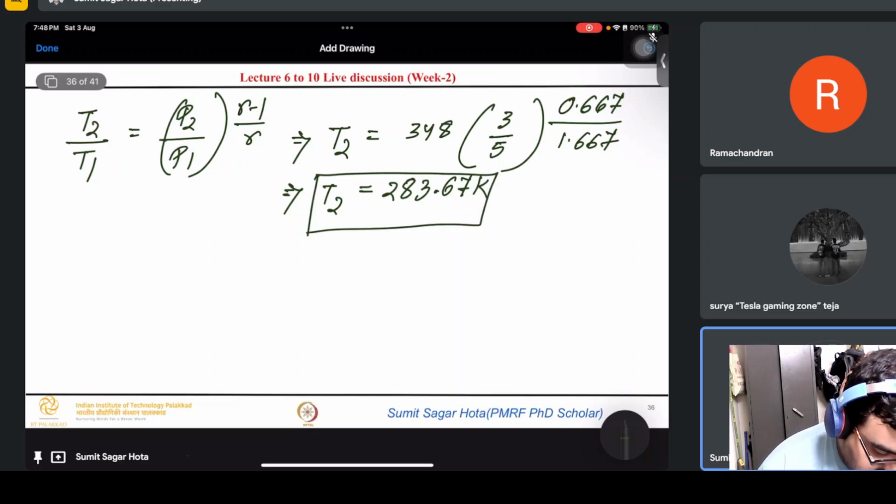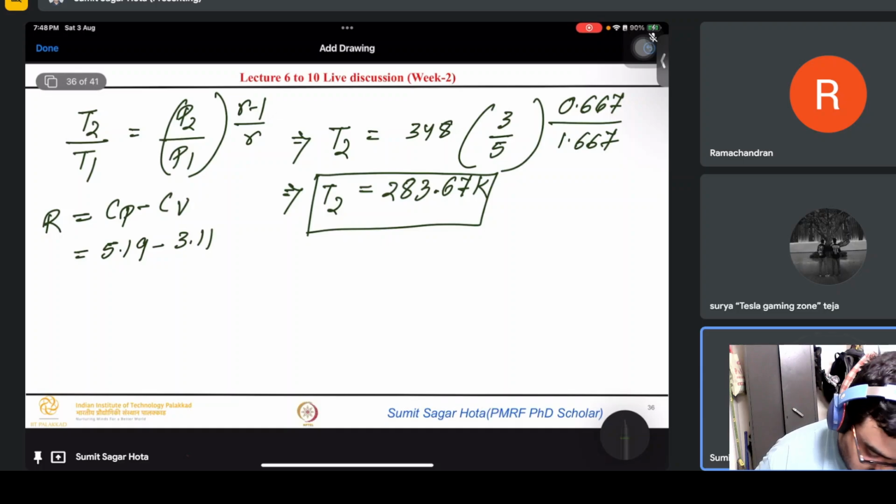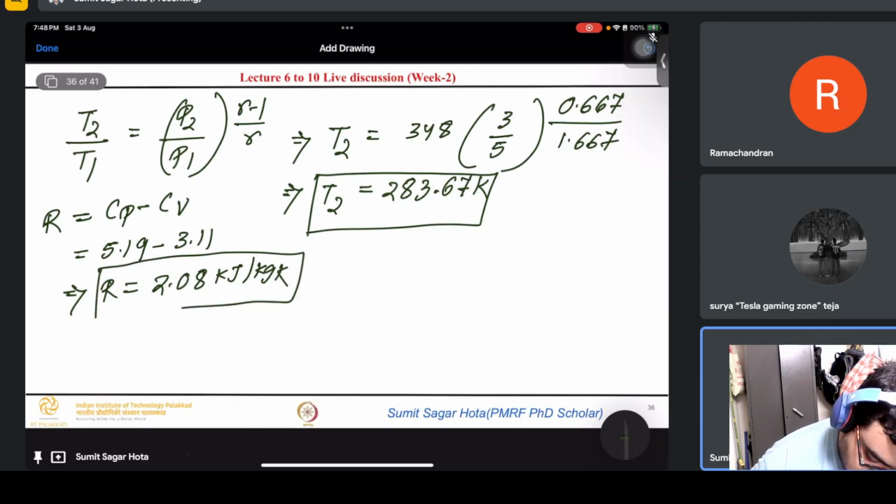Okay, so we know R is equal to Cp minus Cv. Cp is given 5.19, Cv is also given 3.11, so R comes out to be 2.08 kilojoule per kg Kelvin. Gamma we already know, we can now find out Cv.